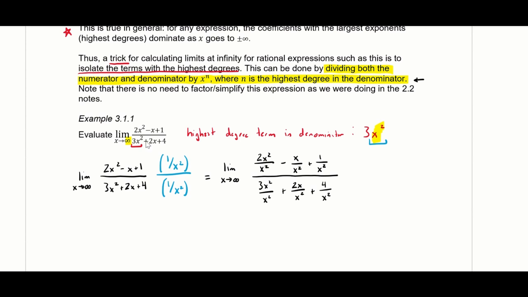Now I start seeing some things cancel out. Firstly, in these first highest degree terms, the x squareds completely cancel themselves out. Here, this x is going to cancel with one of these squares, and this x is going to cancel with one of these squares.